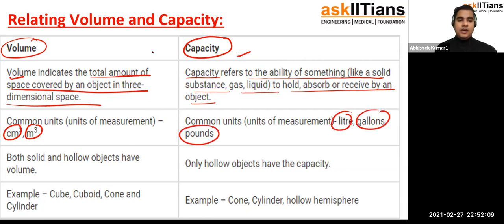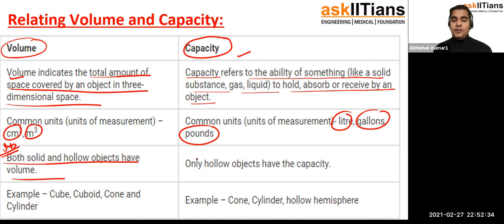Now, when you are talking about volume, this is a very important point. Both solid and hollow objects have volume. It does not matter whether the object is hollow or solid, that does not have any meaning here. Both solid and hollow objects can have volume.